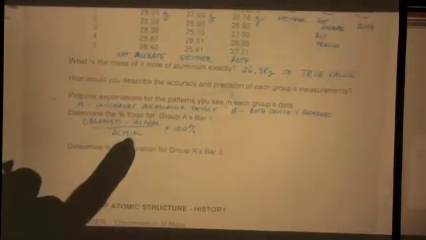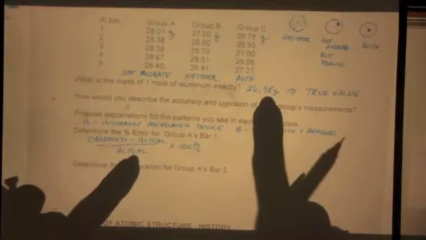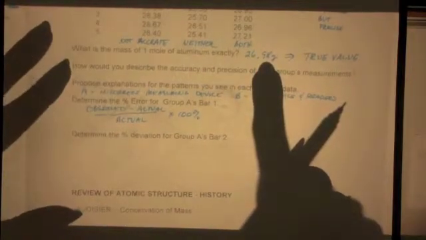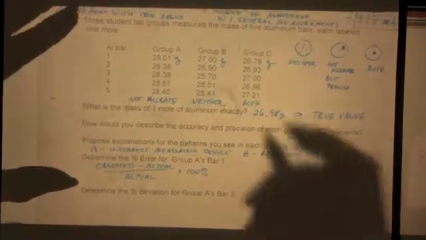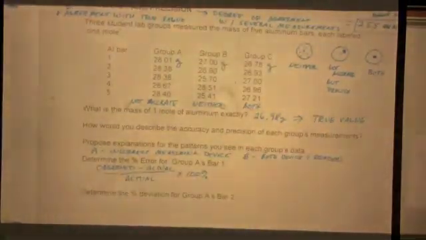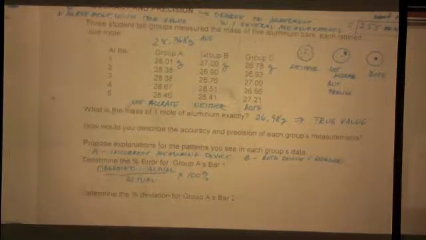We know the actual value. We can put that in easily because that's what you got from the periodic table. The observed value, I've taken an average of group A. And group A's average was 28.368 grams. And that's the only group that we're really dealing with here.